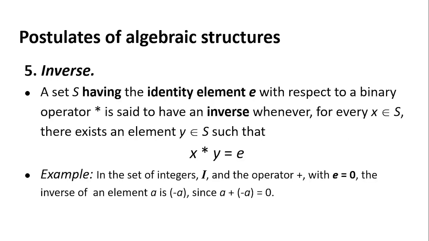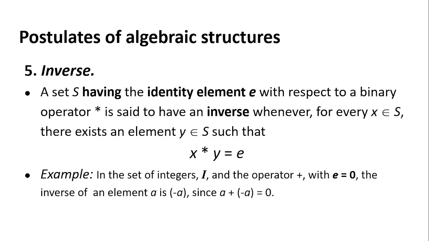Now let's go to the next one, and that is the inverse. Suppose there is an identity element, then you will find an inverse element. If there is no identity element, you won't find an inverse. So if the set has an identity element E with respect to a binary operator star, then we will say that there is an inverse for any element X that belongs to the set. So what is that inverse element?